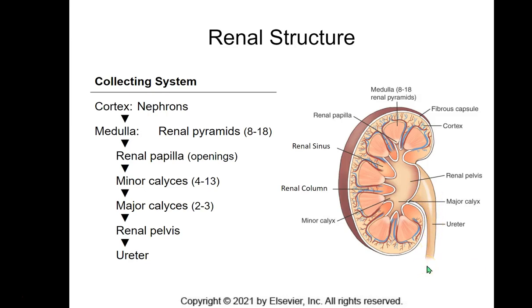Thus, urine, which is formed in the microscopic or nephron portion of the kidney, way up here, and we'll talk about that more next, finally reaches the ureter by passing through the various collecting tubules in the pyramids, a minor calyx, a major, and then finally to the renal pelvis and down the ureter.